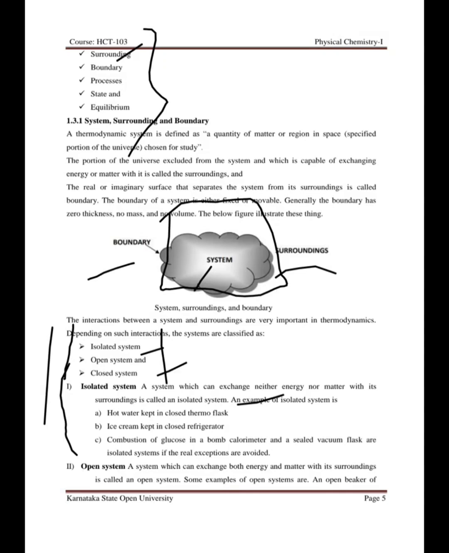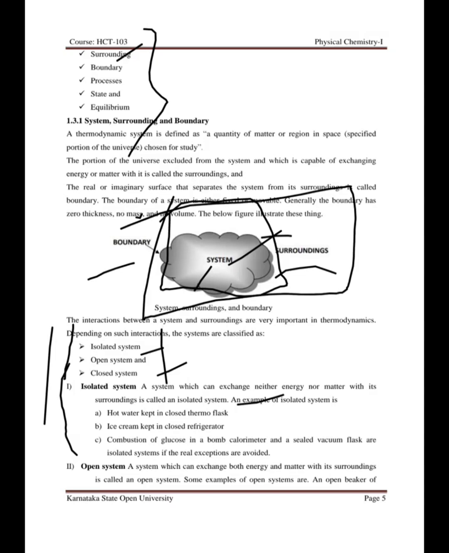Next is the open system. An open system is a system which can exchange both energy and matter with its surroundings. For example, if you take a system with its surroundings, both thermal energy and pressure will be exchanged with the surroundings. A system which can exchange both energy and matter with the surroundings is called an open system.